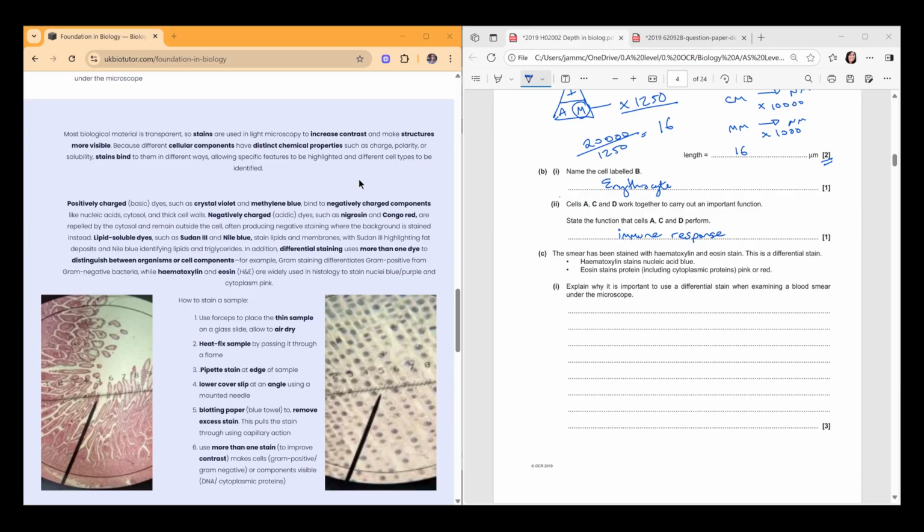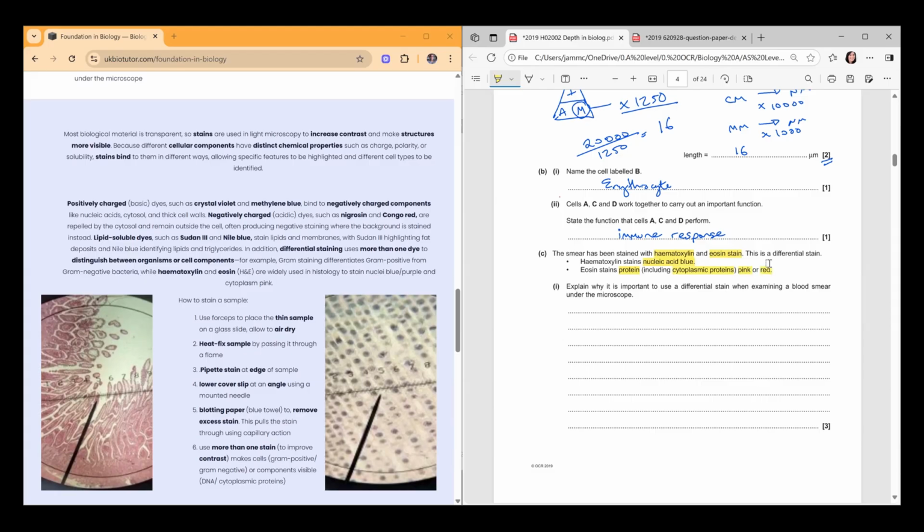So you're told in this question that the smear has been stained with 2 stains. So we have haematoxylin and eosin stain. Now you're then told that haematoxylin stains nucleic acids blue. So that's an important hint they've told us. And they say that eosin stains proteins, and this could be cytoplasmic proteins, pink or red.